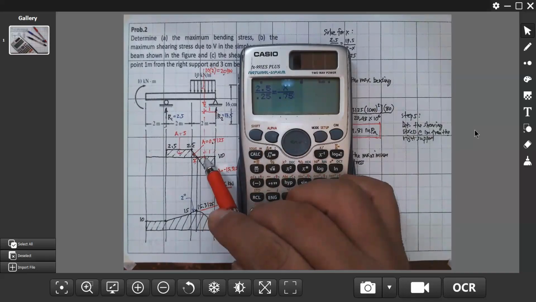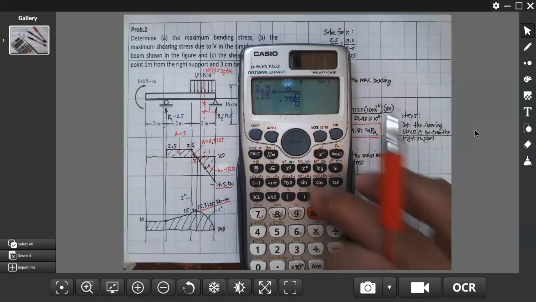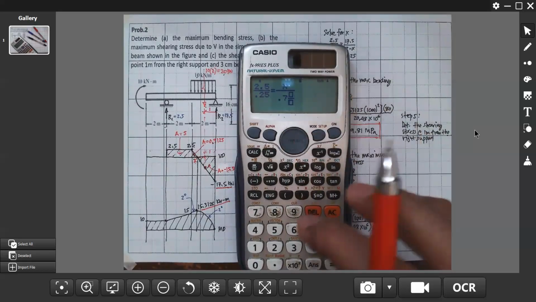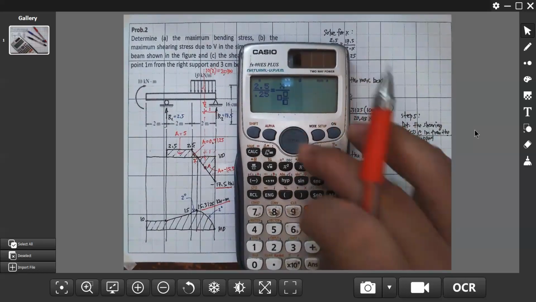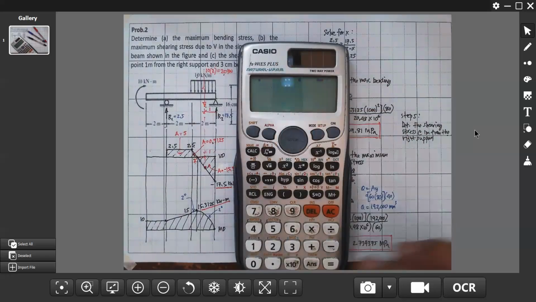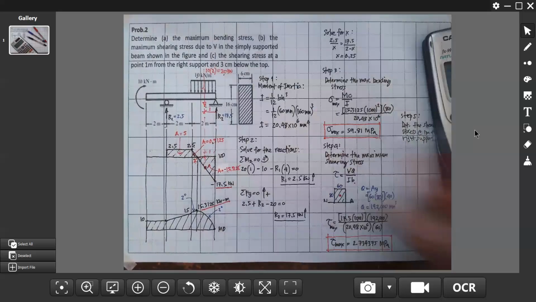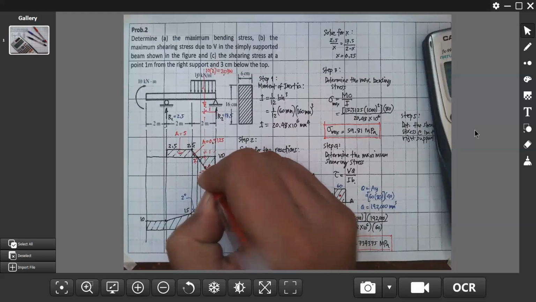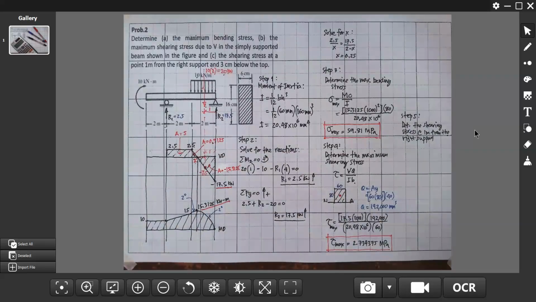So y equals 2.5 times 0.75 over 0.25, which gives 7.5. Our shear is negative 7.5, and that would be our value for V. So for Q, our V is 7.5 kilonewtons.